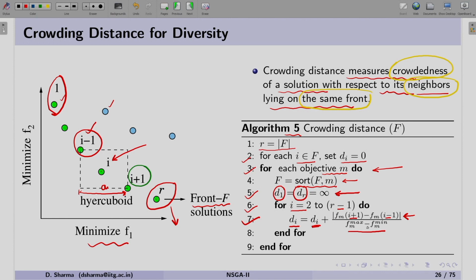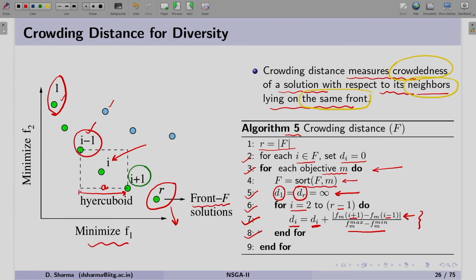In order to unbias our search, we do this normalization. So, the distance A will be divided by the F max minus F min value. In step number 9, we find the normalized value, we add it here and then we finish.